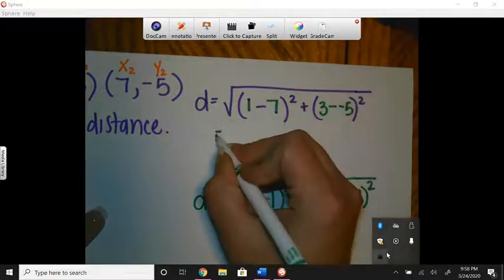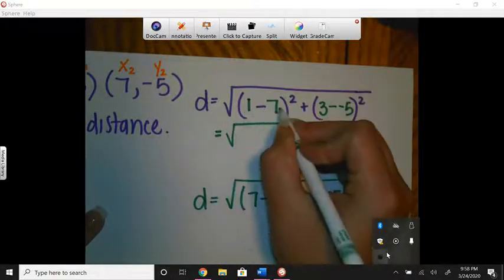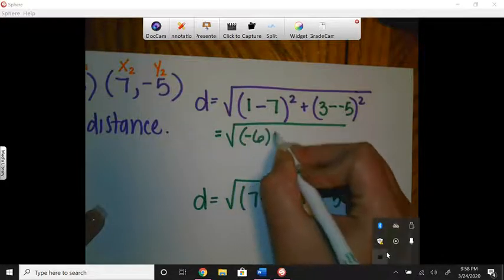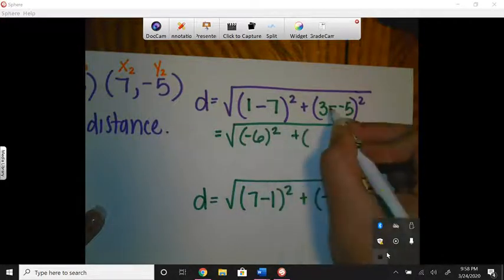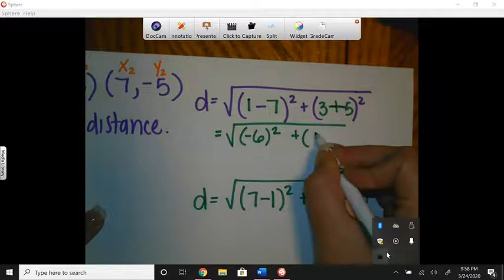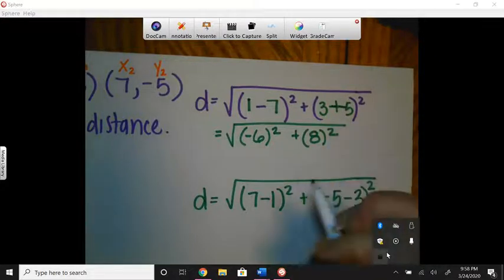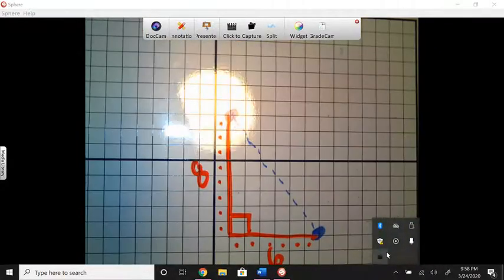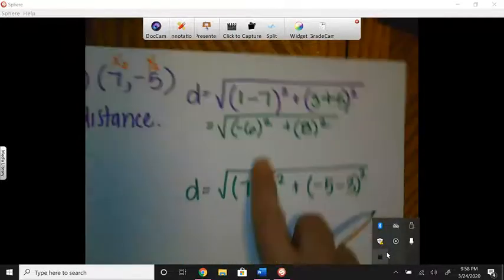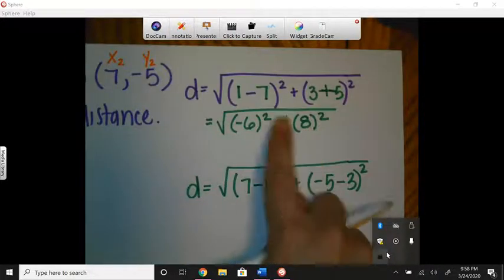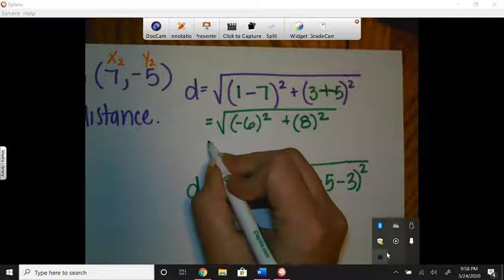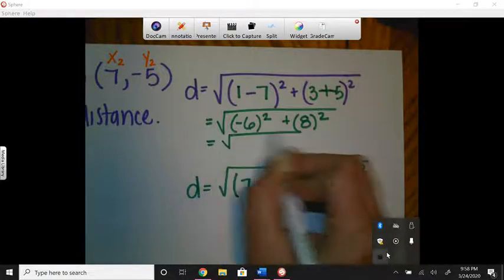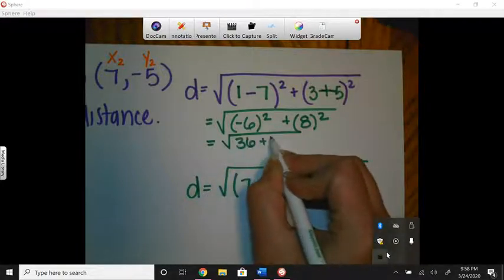So then we would have 1 minus 7 is -6. And then 3 minus -5, that would be 8. And again, if we look at our picture here, we have the 6 and we have the 8, just like we have here. And when you square them, even though this one's a -6, when we square it, we're going to have 36 plus 64.